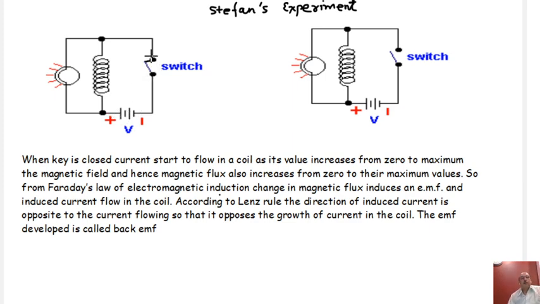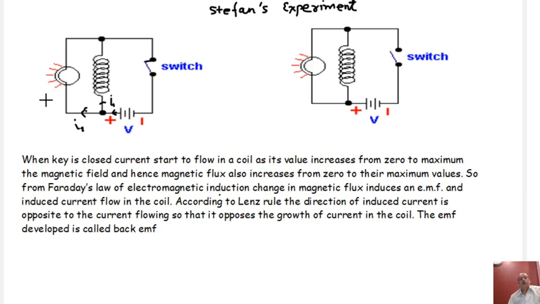In this experiment, whenever the switch is on, it means the circuit is closed. The current will start to flow from the battery, and it will be distributed in two sides from the junction. Some current passes through the bulb, and some passes through the coil. Because of the current I2, the bulb will glow.